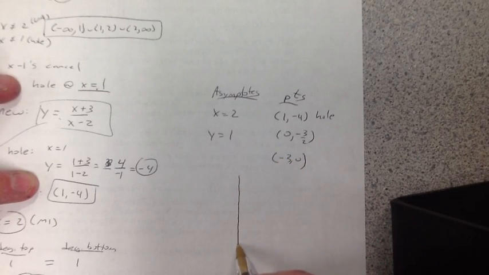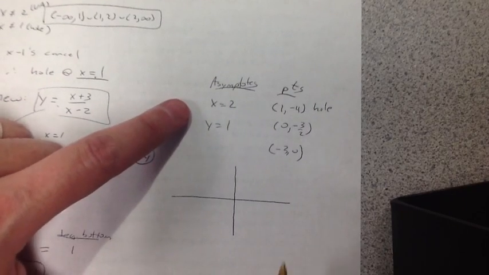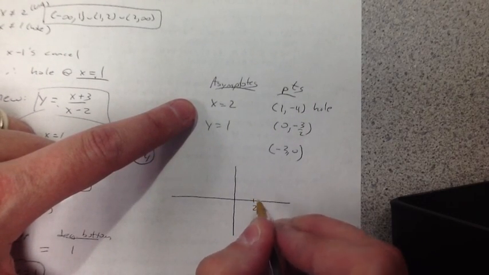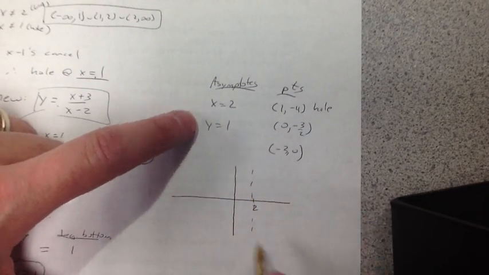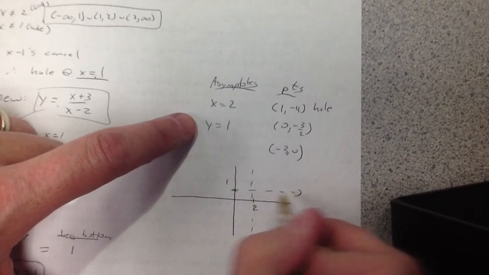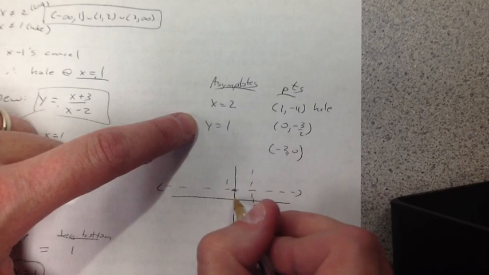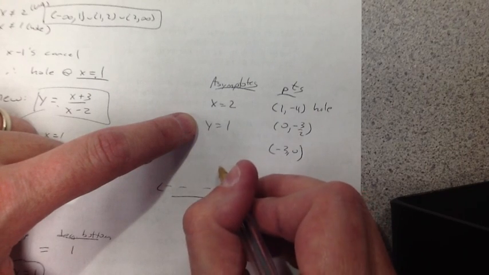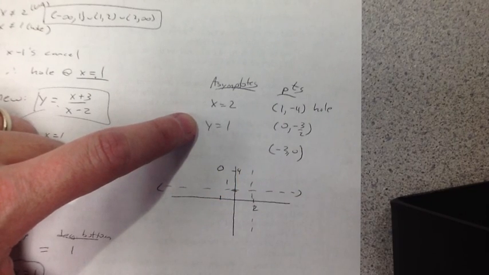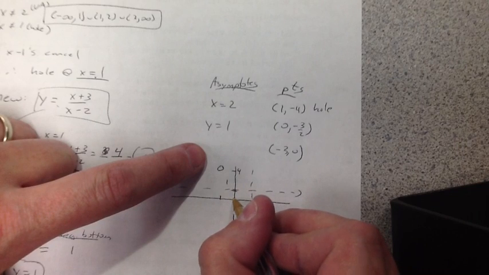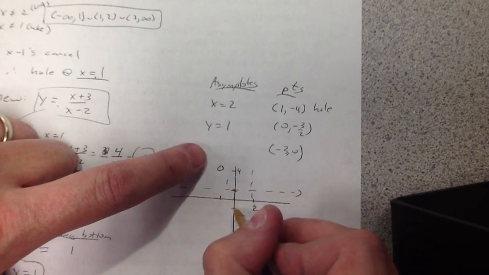And this is how I graph it. Okay, the vertical asymptote is at x equals 2, and y equals 1. I look for any points that I might have. Negative 1, up 4, there's my hole. I draw it as a hole. 0, negative 3 halves.